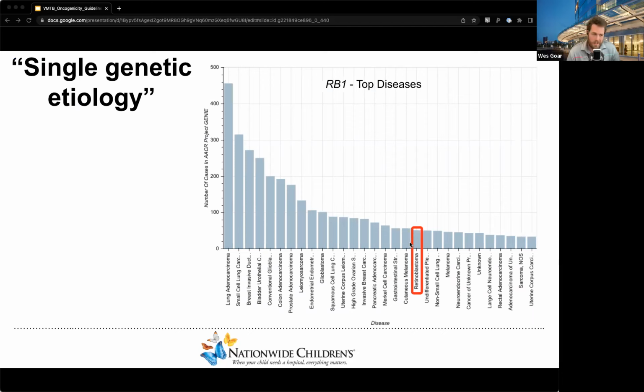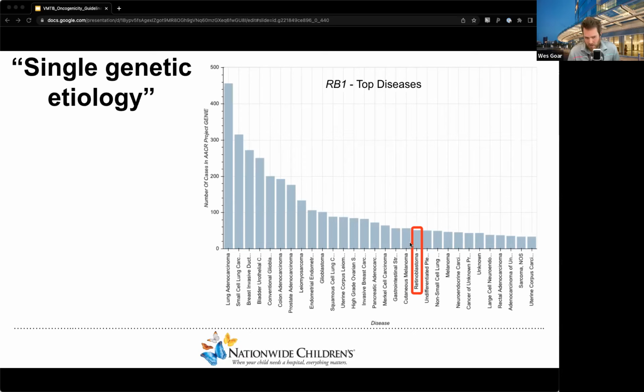And then another pain point, at least for me particularly, is we have this single genetic etiology, where we say, yes, I know with surety that biallelic inactivation of RB1 is going to cause retinoblastoma potentially. But variants in RB1 can also cause other cancers. And there are numerous clinical trials going on right now for RB1 variants that are causing not retinoblastoma, right?